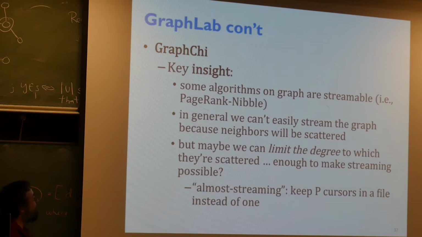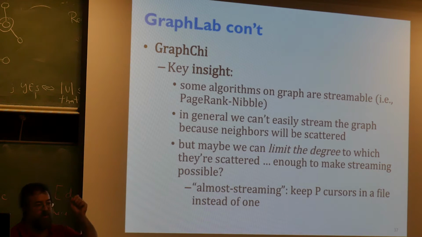So what's the idea? In GraphChi, here's the key insight. There are some things in a graph that you can do just by streaming through it. Like the PageRank nibble algorithm, you just stream through multiple times, so it's pretty efficient. In general, that's hard to do on a graph, and the problem is the neighbors aren't all together in the stream.